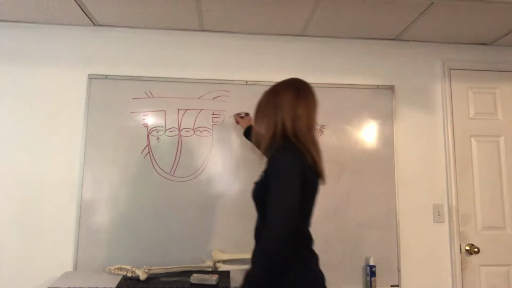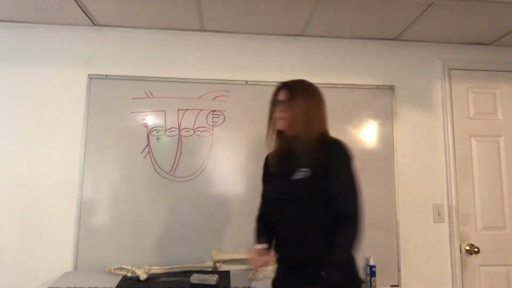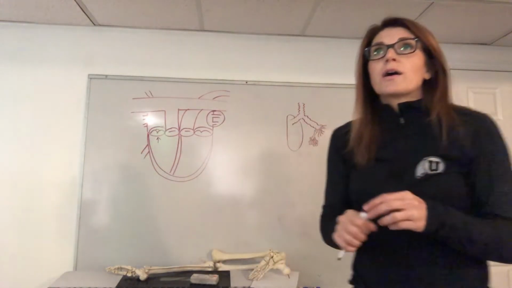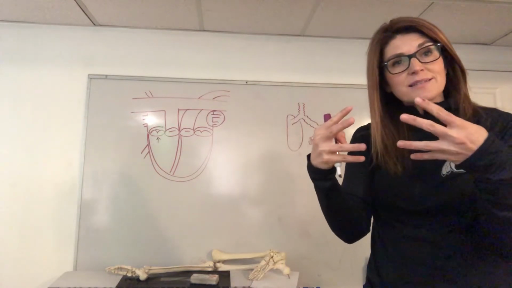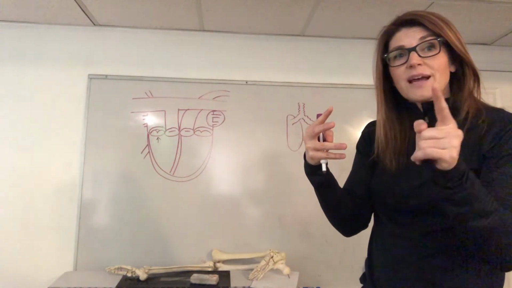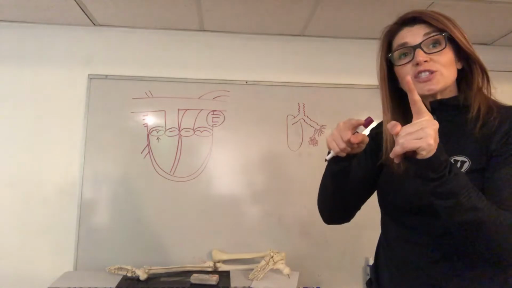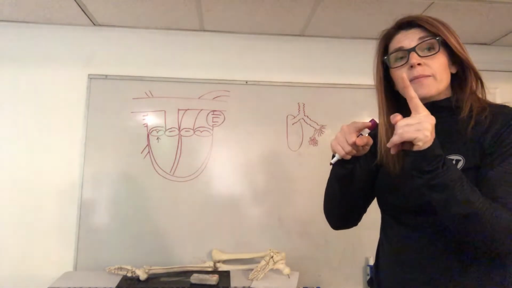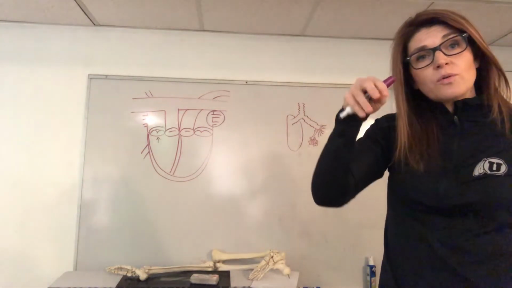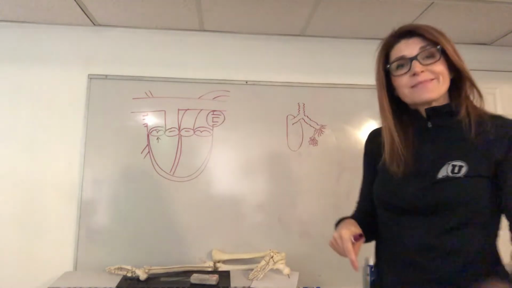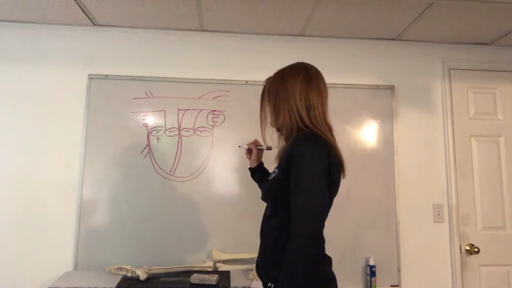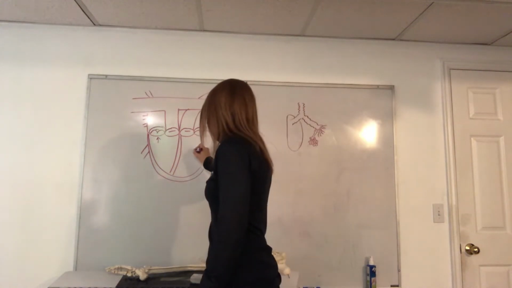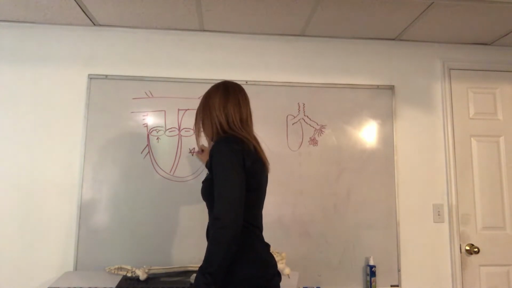Number 2, I'm gonna go ahead and go with these guys. Okay, these are vessels that are coming back from the lungs. This is the only one of these types of vessels that carries oxygenated blood, and it dumps into the left atrium. So that's the second one. Third one, we're gonna go with this. I'm gonna start it.